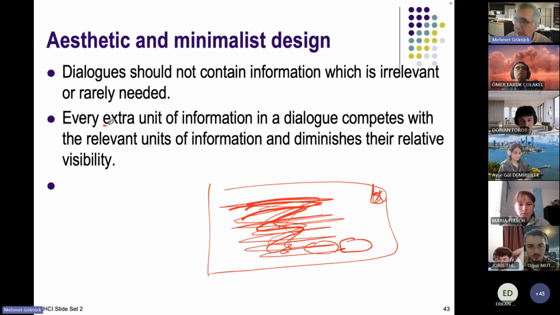So every extra unit of information in a dialogue competes with the relevant units. Don't talk too much. There is an old Turkish proverb: too much talk always includes some lies. Okay?